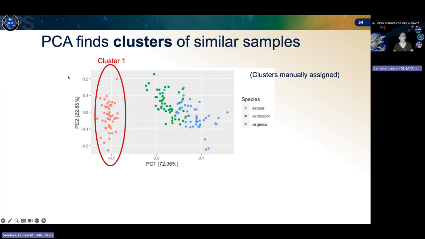So all the setosa samples are over here on the left. They have really low PC1 values, whereas cluster 2 has the versicolor and virginica samples all together here. So PCA is very useful because it finds these relationships within samples.